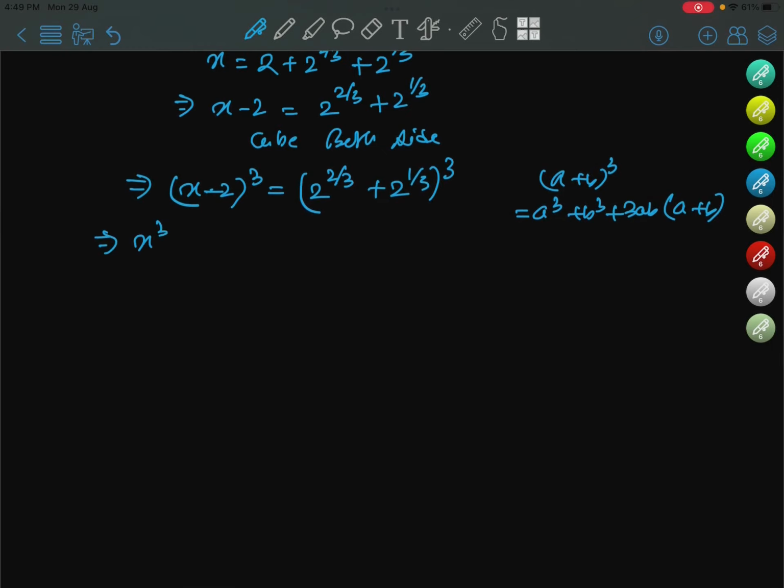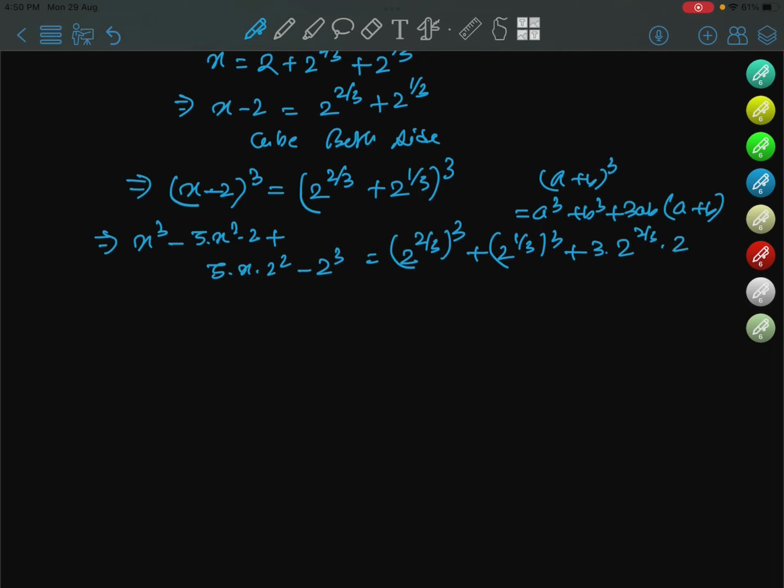Now x cube minus 3 into x square into 2 plus 3 into x into 2 square minus 2 cube equals 2 to the power 2/3 whole cube plus 2 to the power 1/3 whole cube plus 3 into 2 to the power 2/3 into 2 to the power 1/3 into 2 to the power 2/3 plus 2 to the power 1/3.